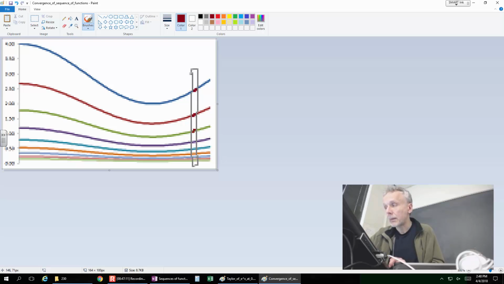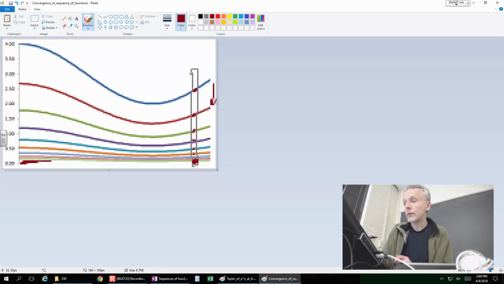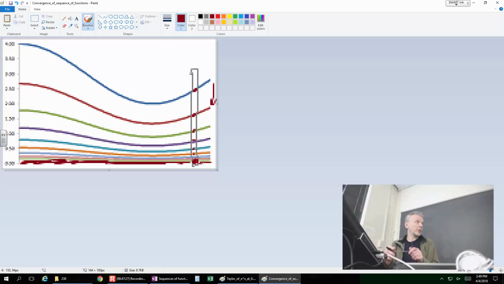Point, number, number, number, number, and just see where they go. And they go right here. Then you carry out the same plan for every point on the graph, and then you'll see where they are, and they will give you the 0. So the function altogether, taking pointwise limits of these functions, will give you 0 at the end. The whole 0 function, not one number. It is a whole function. Okay.